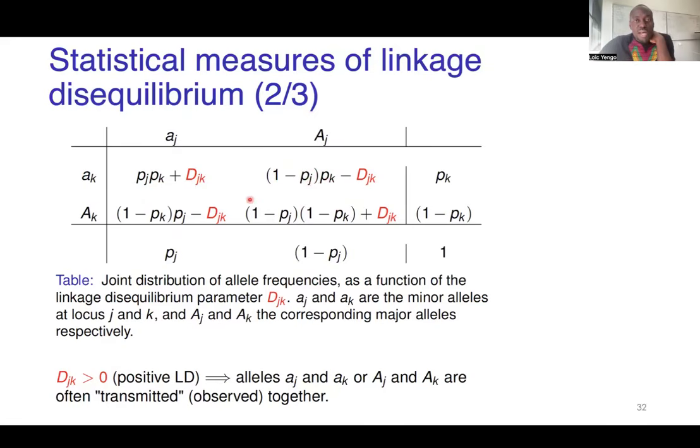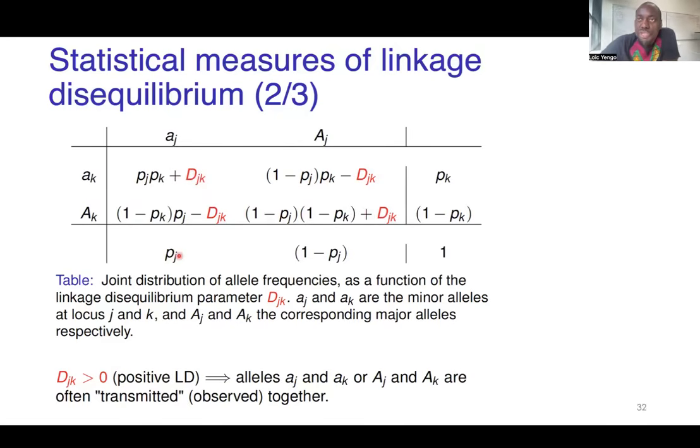And so now we're bringing back the linkage disequilibrium into this. This is essentially saying that linkage disequilibrium will add to that probability of observing A_J and A_K, but in a way that is structured, right? So here you see that the addition on the diagonal is plus D_JK, and on the off diagonal is minus D_JK.